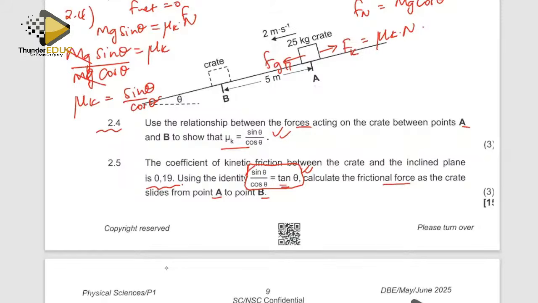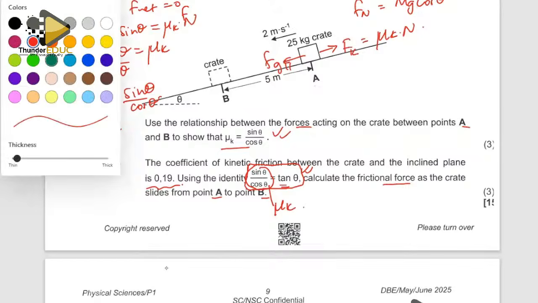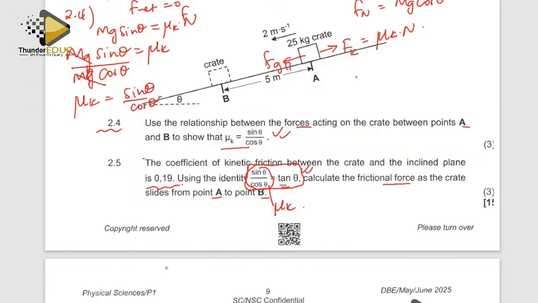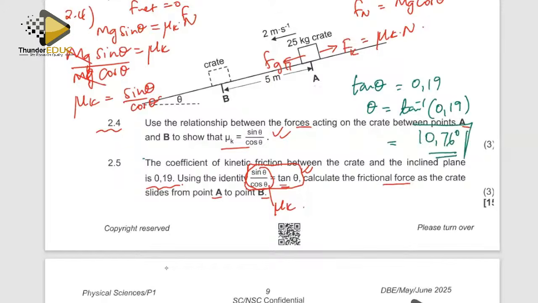But we said this is representing the coefficient of friction. So the tan of theta is equivalent to 0.19. Let me get the theta, which is shift tan of 0.19, and that gives me 10.76 degrees. So this is the new angle that we're dealing with.